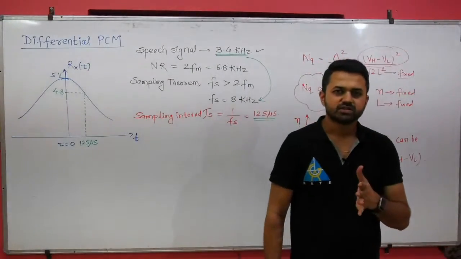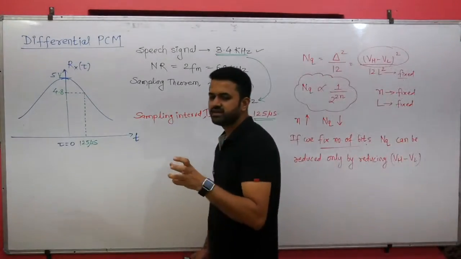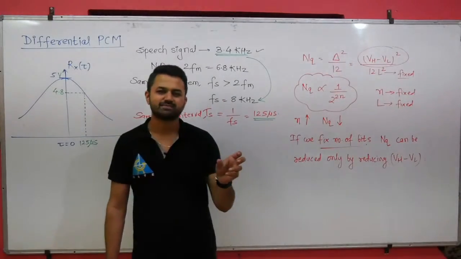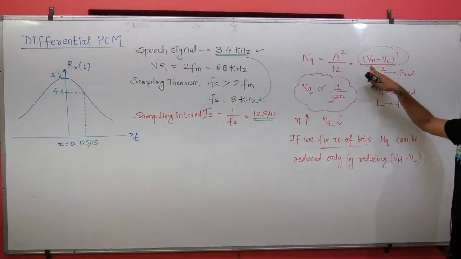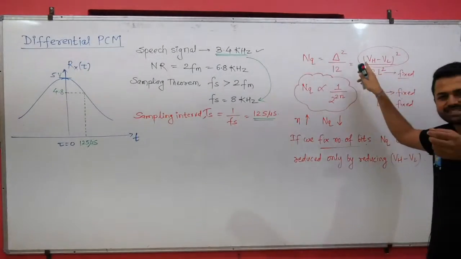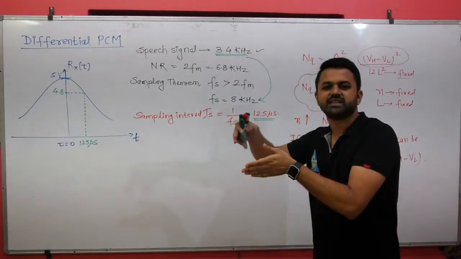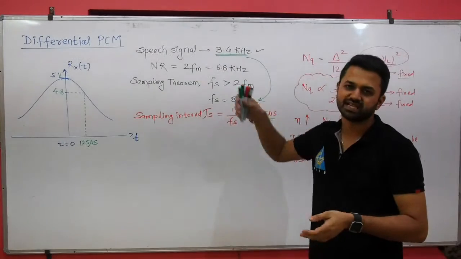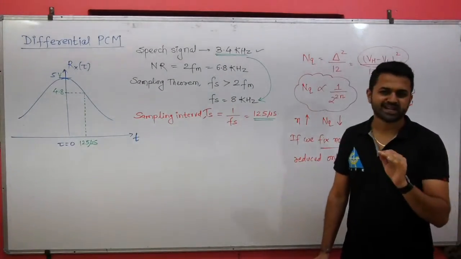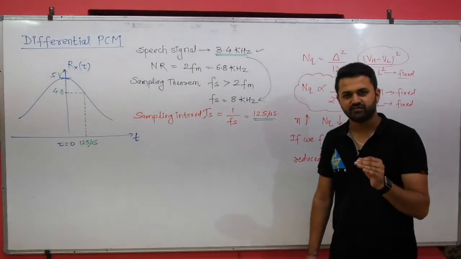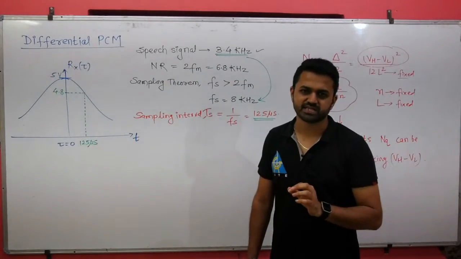So differential pulse code modulation says that instead of transmitting the sample itself, in this particular case, whenever we get the sample value we quantize it and then after encoding we transmit the signal. Here we are saying don't transmit the sample value itself, take the difference between the two successive samples.